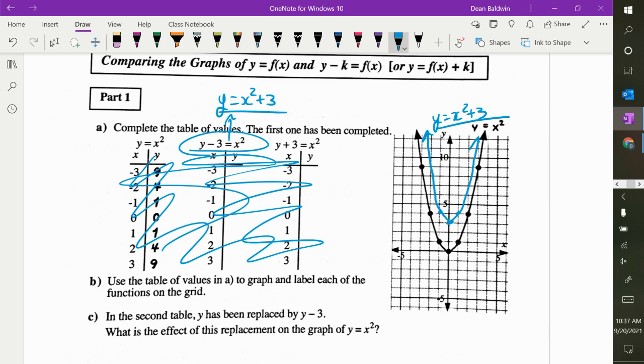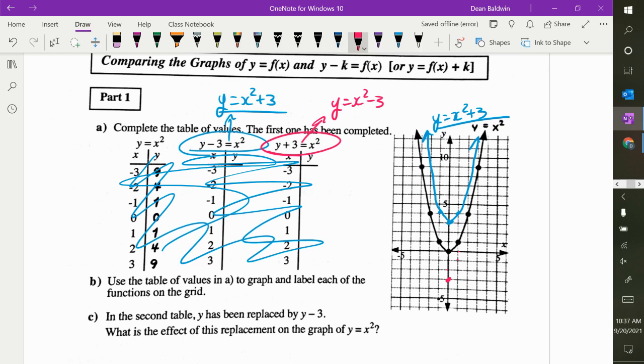Okay. And then, what do I do with this one? Move the 3 over. y equals x squared minus 3. So it moves the graph down 3 units. Moves every single point 3 units down. So this point, 1, 2, 3.